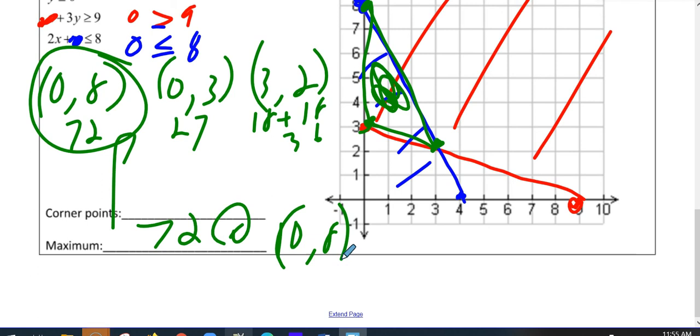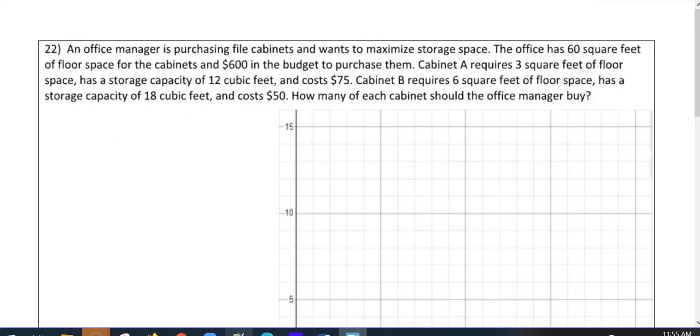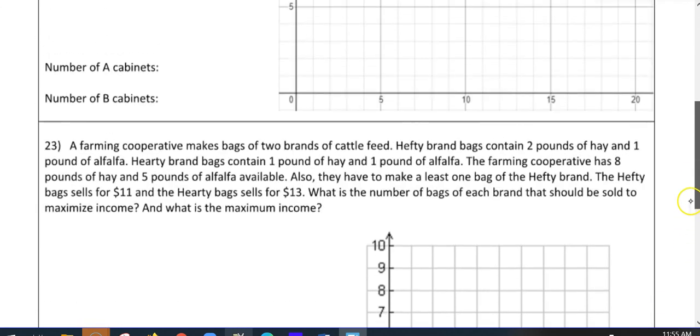Okay, a couple more. Manager's purchasing file cabinets. That is a limit. $100 to spend. That's another limit. So you can start making your chart right now.